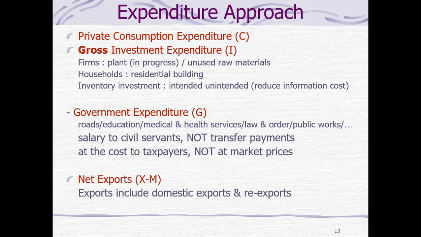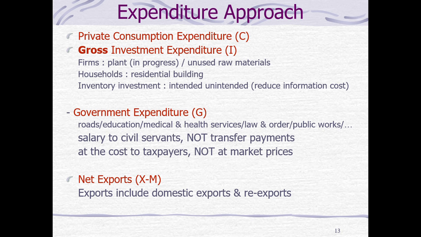Salary to civil servants is classified under government expenditure. But please note, transfer payments are payments made not for economic activity. An example of a transfer payment is an unemployment benefit. If the government is giving people money because they are unemployed, they have not engaged in any economic activity, so it is normally not added to the government expenditure.